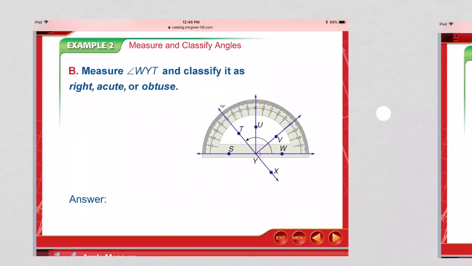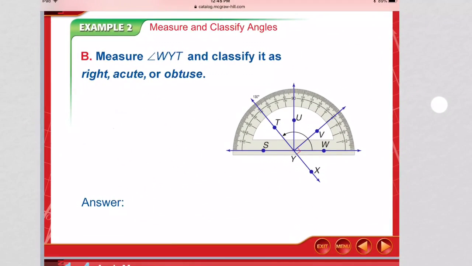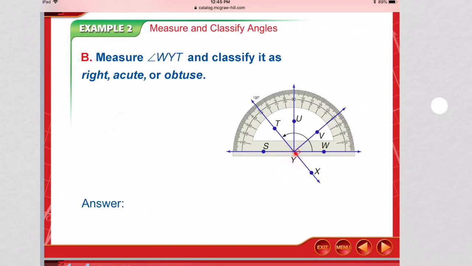So let's look at how we use a protractor. We want to measure WYT. If you look at your protractor, you should see a little dot on it. If you see down here a little dot, that's going to go with the vertex. Please remember the vertex is that middle letter there, the Y. And then the first letter is going to be where you put your 0-degree mark. So we see the W there.